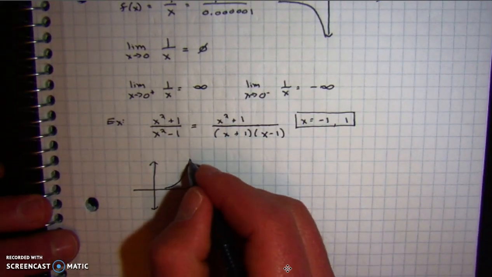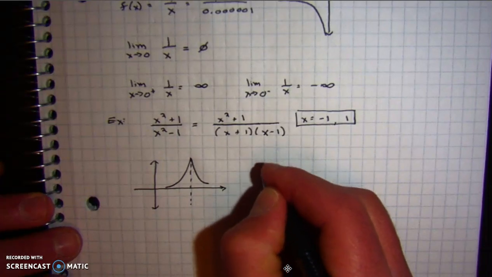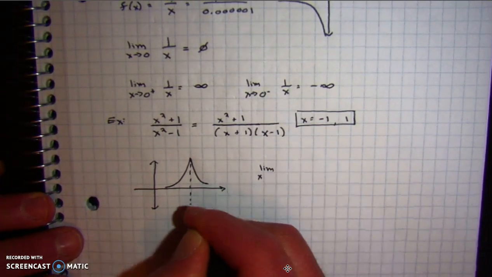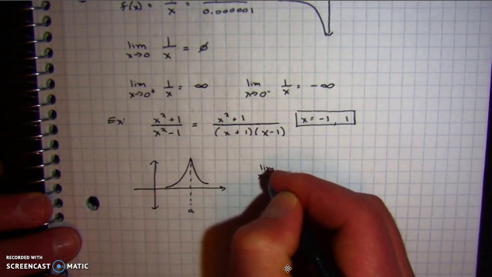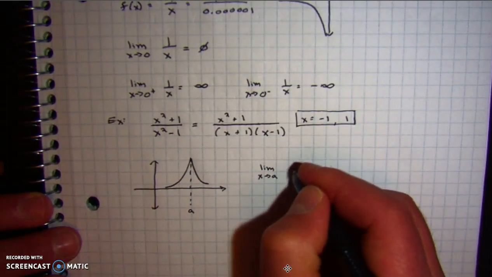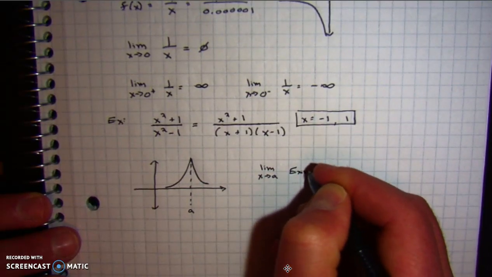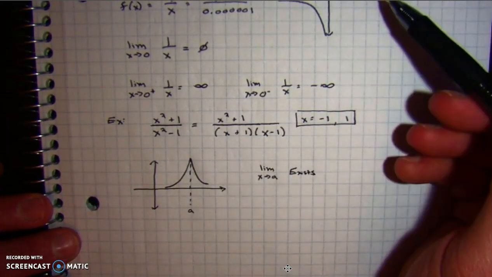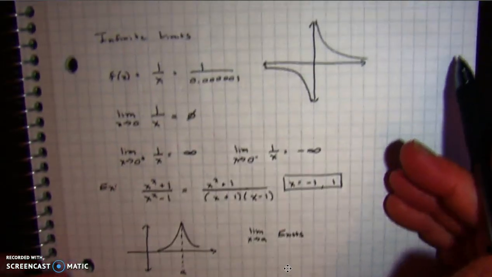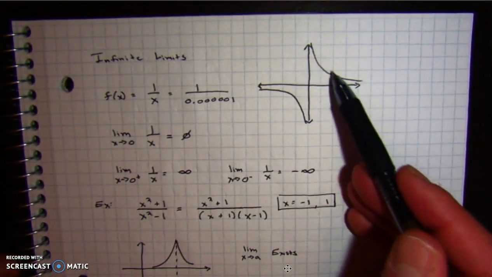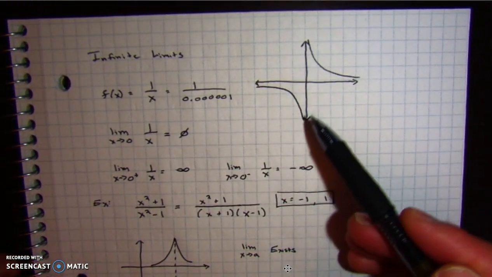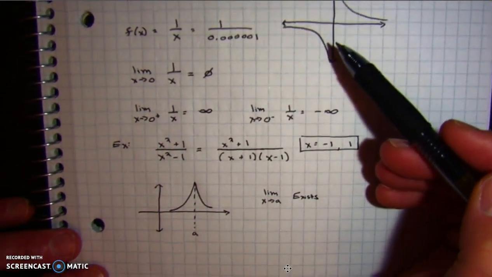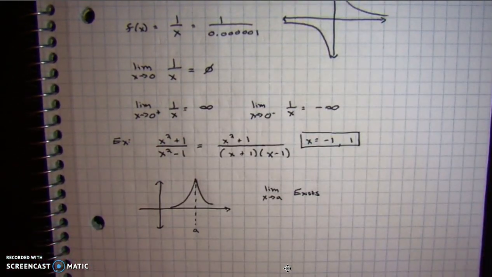Say this goes on and on forever. Well, then let's say this is A, so the limit as x approaches A exists, because it's converging on the same one, as opposed to the example up here, where it doesn't exist because they're not converging on the same value. So keep that in mind. That should hopefully be a pretty good start to get you going on these infinite limits.